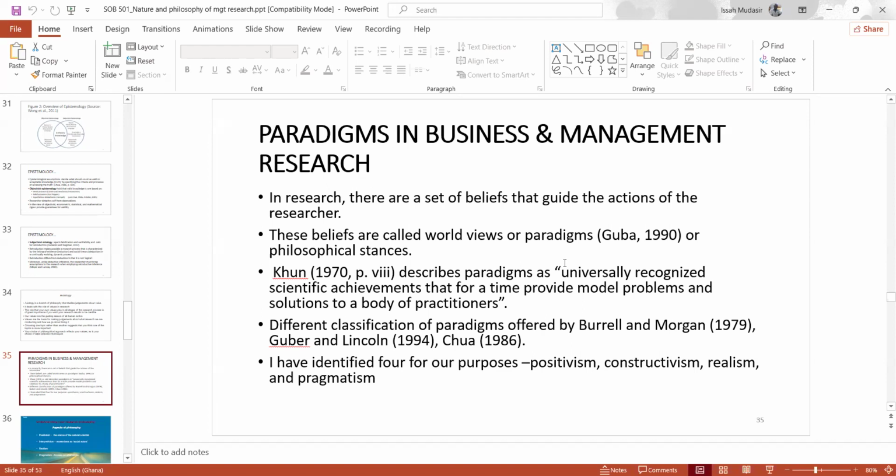We have several philosophies, but for the purpose of teaching, we try to squeeze them into these four categories. So take note, you may read other literature and they will mention philosophies which are not numbered among what we have here. Don't say that those are not philosophies. Philosophy is very broad and the field is still growing. Okay, so take note of that.